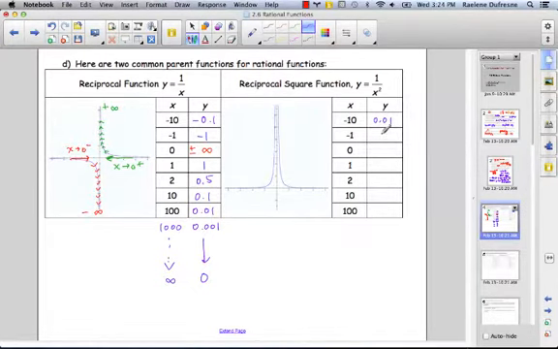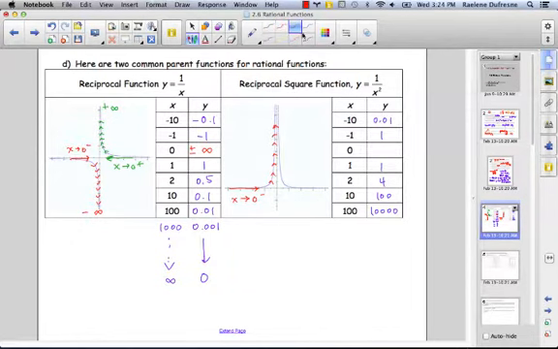The reciprocal square of -1 is +1. And let's do the other non-zero values for now. The reciprocal square of 1 is 1, of 2 is 4, of 10 is 100, and of 100 is 10,000. Going back to 0, as x approaches 0 from the left-hand side, we see that y approaches +infinity.